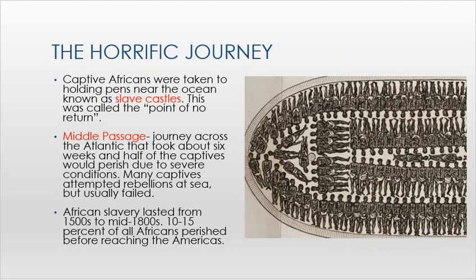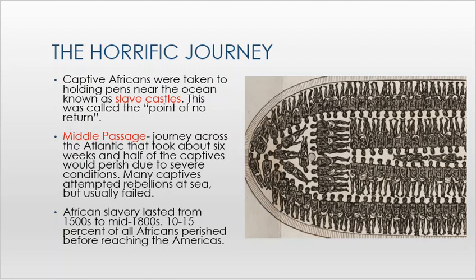So we have a horrific journey for these enslaved Africans. One, they would get captured by other Africans in Africa, and they'd be taken to what they call slave castles. Slave castles were usually near the ocean, off the Atlantic, or if they captured them on the east coast of Africa, then it'd be off the Indian Ocean.